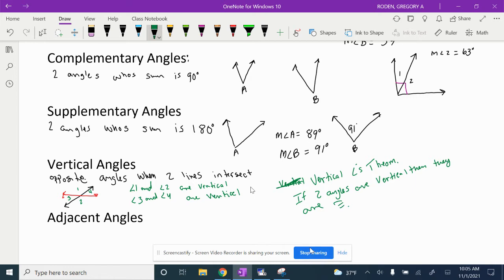There's our symbol for congruent. It's written in a conditional statement, an if-then. You guys with me on that? Okay, let's move on. You're going to have to apply and know when to use the vertical angles, and we'll take a look at that in a second.